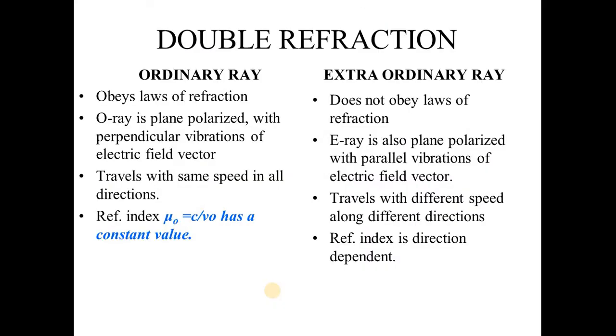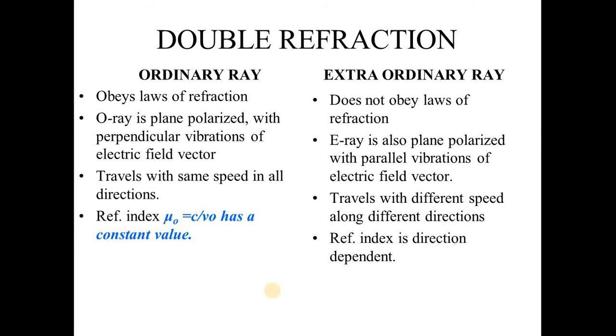And the phenomenon of double refraction produces an ordinary ray and an extraordinary ray. The ordinary ray obeys the laws of refraction. The extraordinary ray does not obey the laws of refraction. The ordinary ray is plane polarized with electric field vibrations perpendicular, and the extraordinary ray will have vibrations parallel.